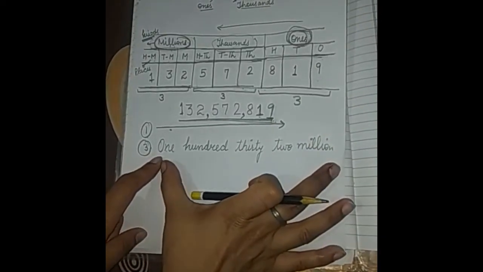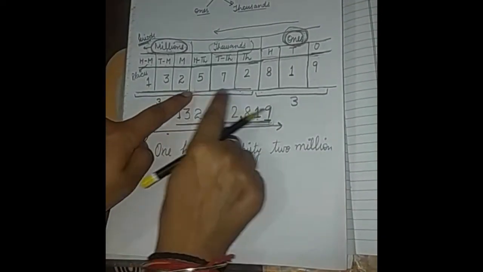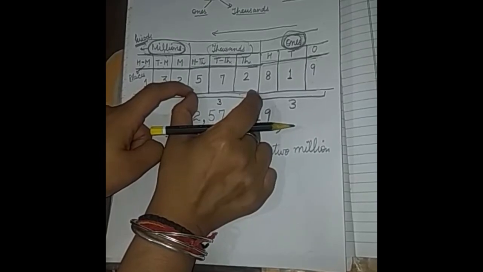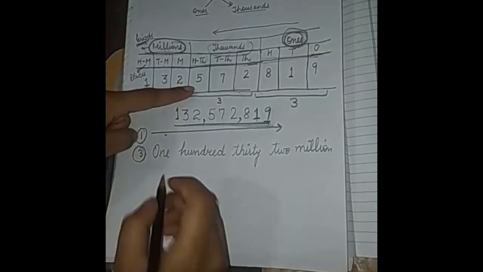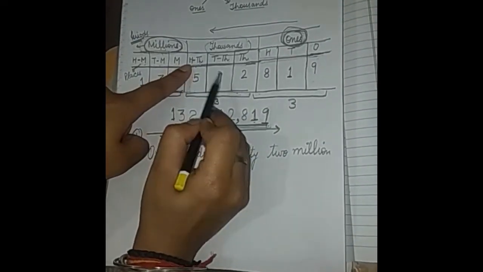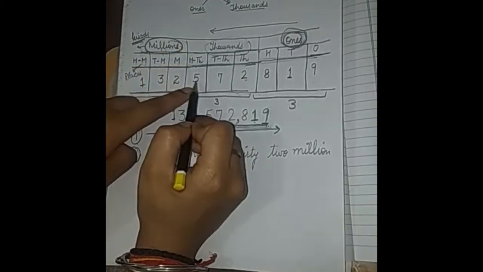We have written the first period. Now we will read the second number along with its period. The second number is 500 because it is on the 100,000 place, so we will say 572,000.